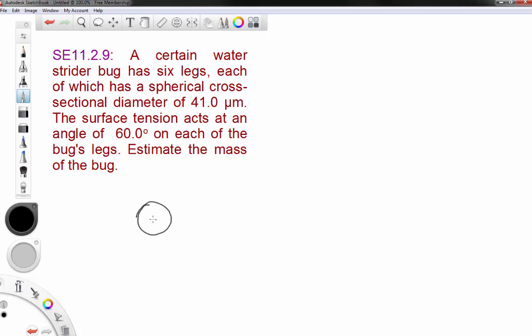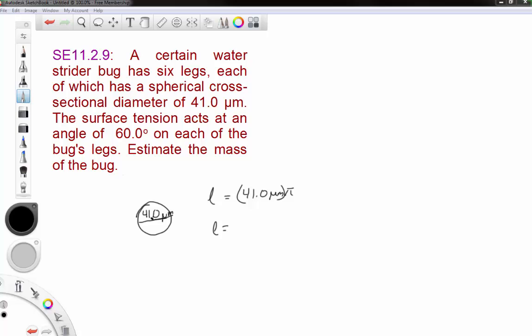The length over which this is acting is, here is our diameter, and this is 41.0 microns of diameter. And so the length here is 41.0 microns times pi. And we might want to convert this into meters. So the length is basically going to be 41 times pi.